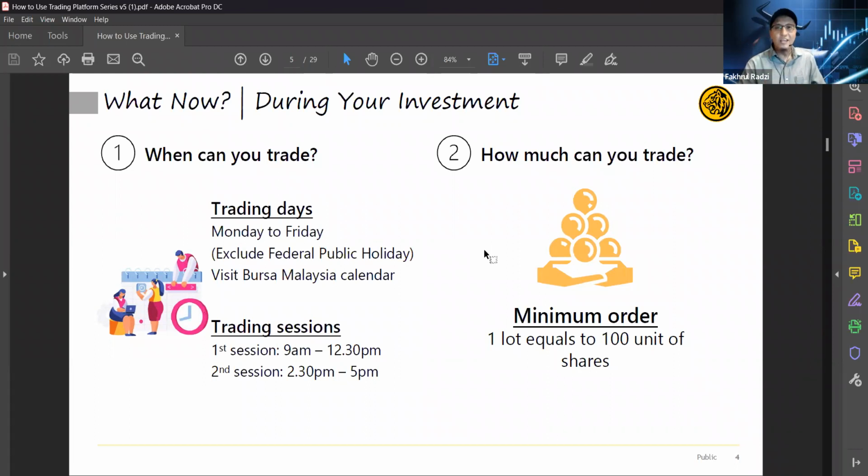The headquarters of Bursa Malaysia is located just beside our Maybank Tower in Kuala Lumpur, so our trading operation relies on the federal territory calendar.